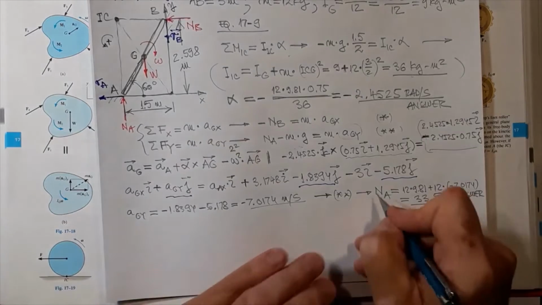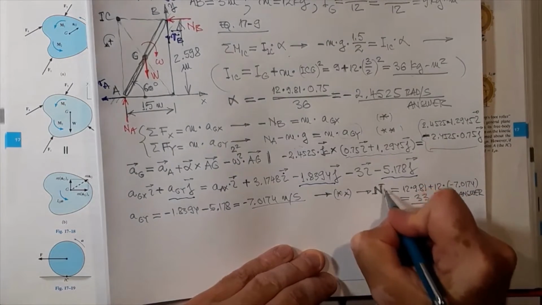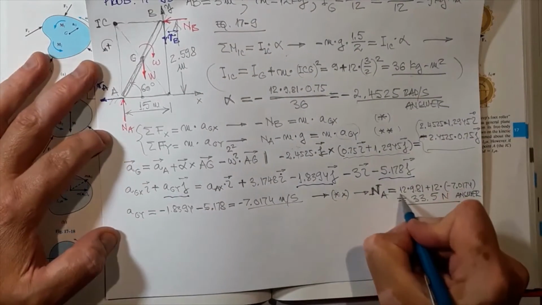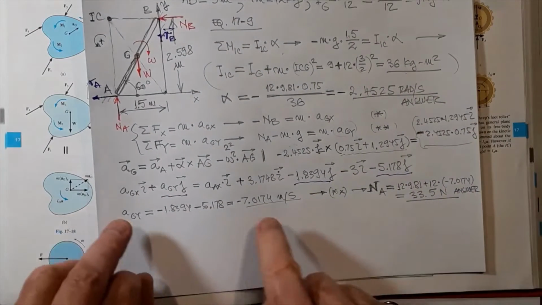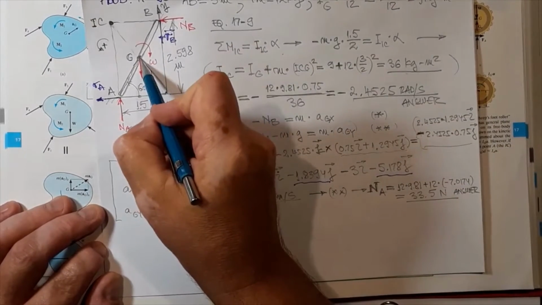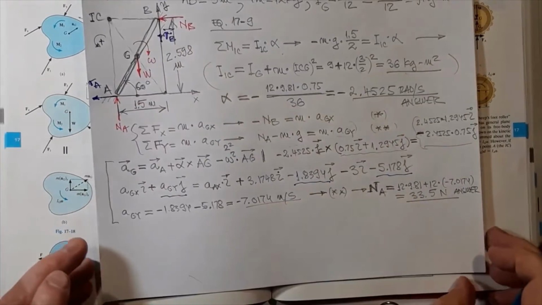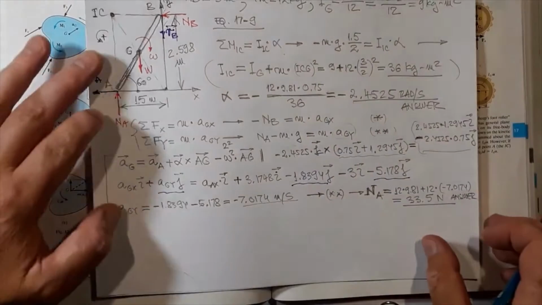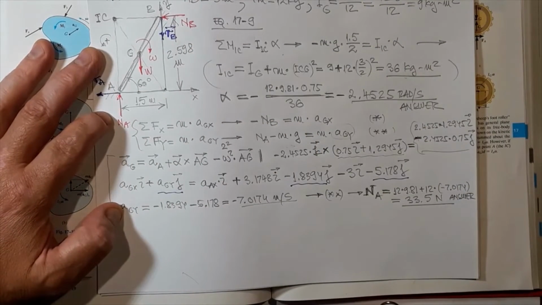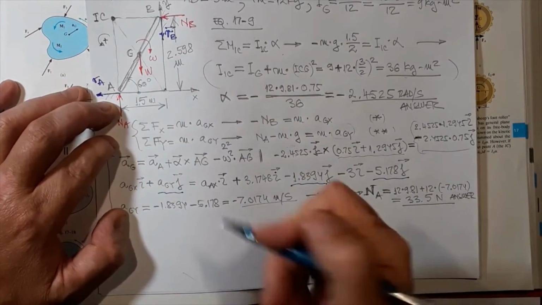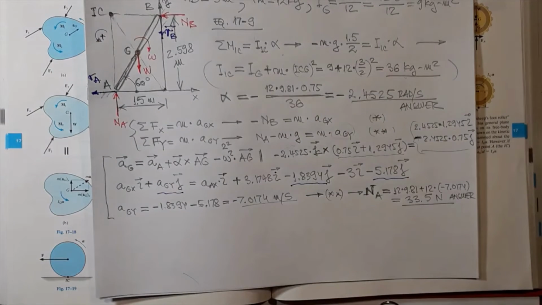Okay, so we've got NA. To get the other normal force, we need to repeat this approach for acceleration of G relative to point B. It is also possible to write the sum of moments about the centroid, and we know alpha already, so we could solve for NB.